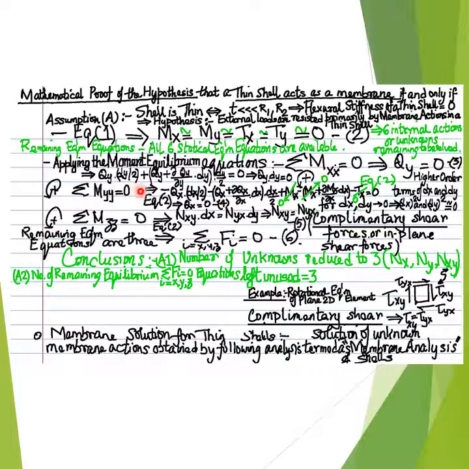And the higher order terms of the differential quantities dx and dy, that is dx square and dy square, and higher order terms of dx and dy have been neglected in the formulation of the moment equilibrium equation about the x-axis for the differential shell element.